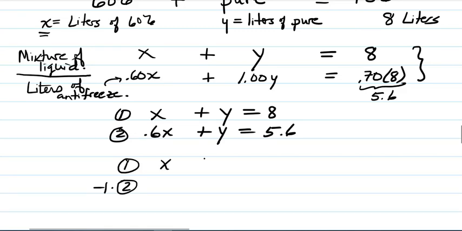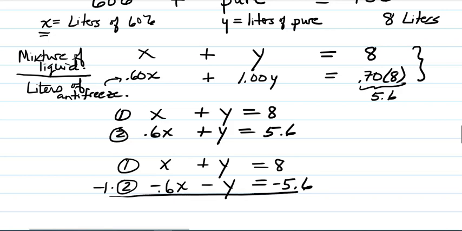So the first equation I'm going to keep the same, x plus y equals 8. And the second equation, distributing that -1 through the whole equation, is -0.6x minus y equals -5.6. Now we're going to add the two together, and we get 1x minus 0.6x is 0.4x.